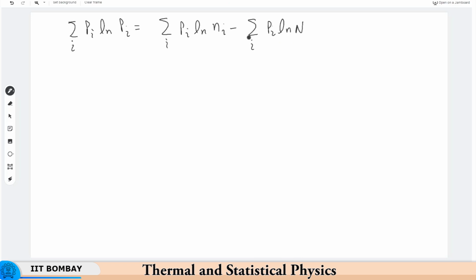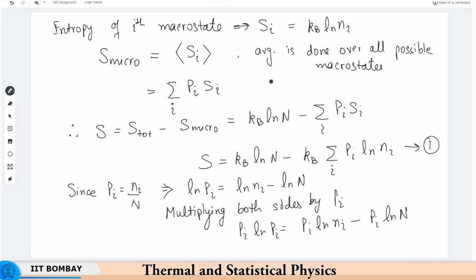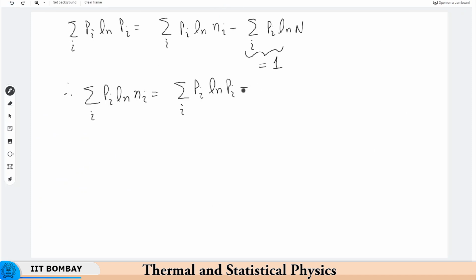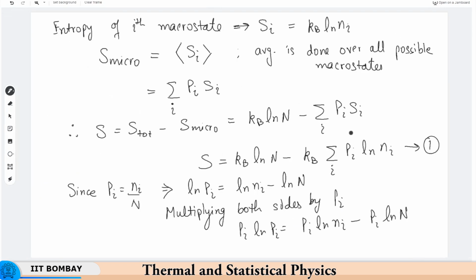This is equal to 1, since the total probability to be in any macrostate is 1. Therefore, this sigma over i of Pi log ni simply becomes sigma over i of Pi log Pi minus log n, as this sigma goes away.